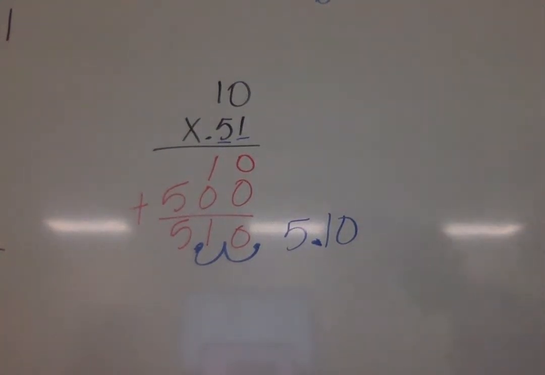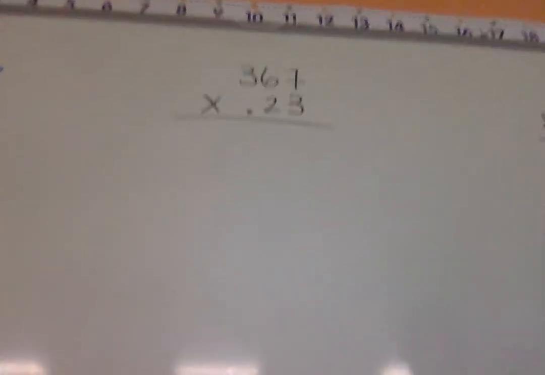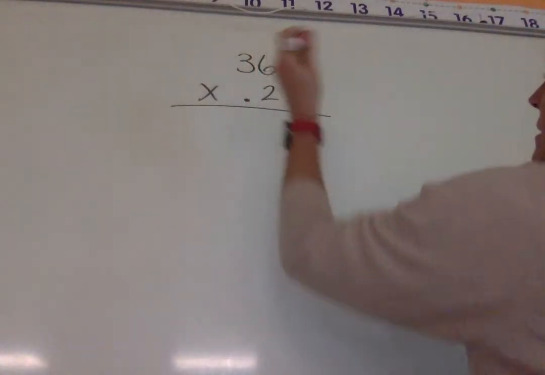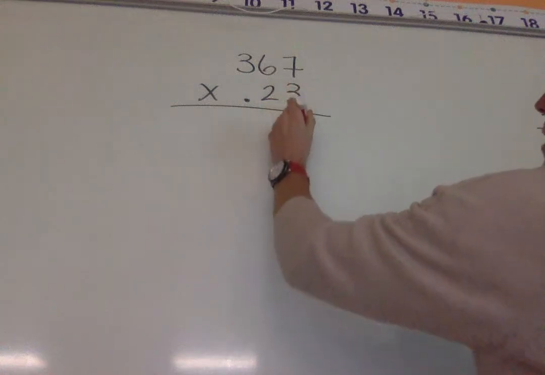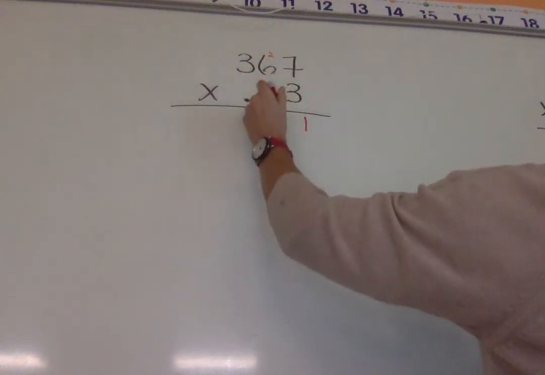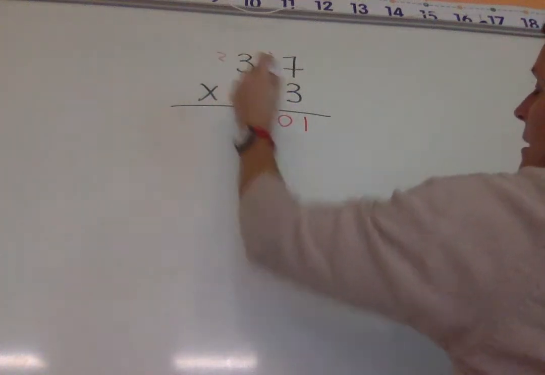The next problem is 367 times 23/100. So we just have to multiply. 7 times 3 is 21. 6 times 3 is 18 plus 2 is 20. 3 times 3 is 9 plus 2 is 11.